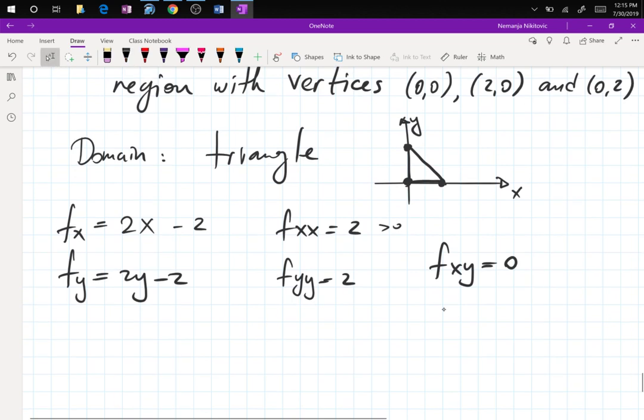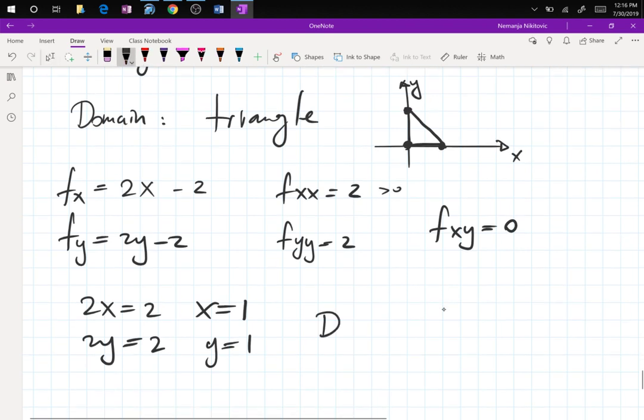This is so fast. 2x equals 2, x equals 1, 2y equals 2, y equals 1. D at (1, 1), very quickly, is 4 minus 0, larger than 0. fxx larger than 0.